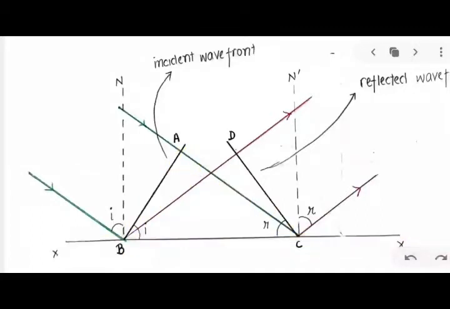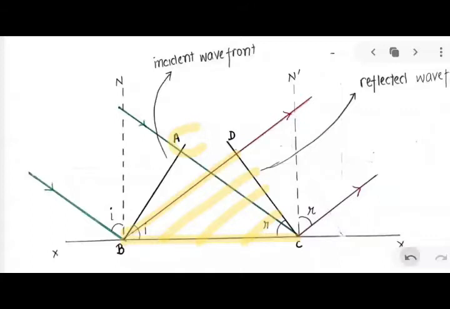Now, according to Huygen's principle, each point on the surface BC will act as a source for secondary wavelets. Now, each wavelet will start growing at a velocity c.